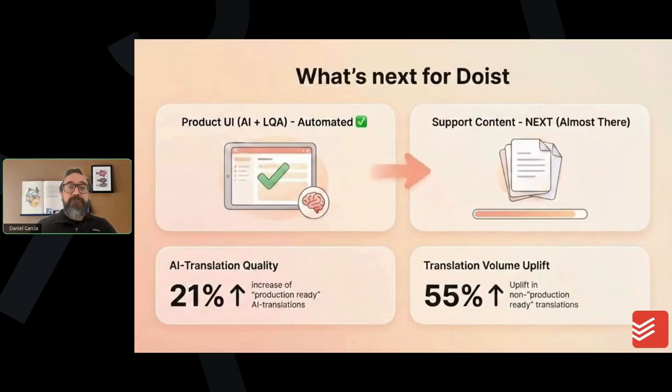Perhaps equally important is that we have established a process for continuously improving this quality. We track the performance on a weekly basis, and we can easily identify which languages and projects need more fine-tuning than others. This way, we can continue improving our style guides.